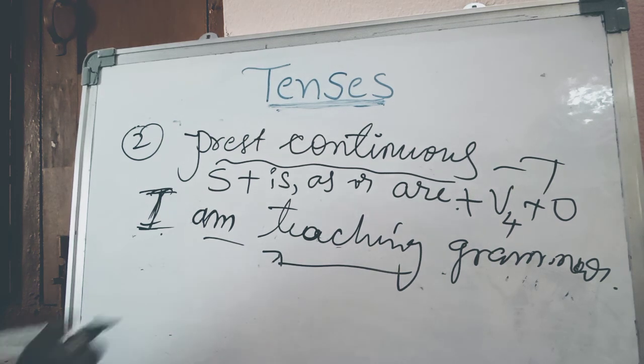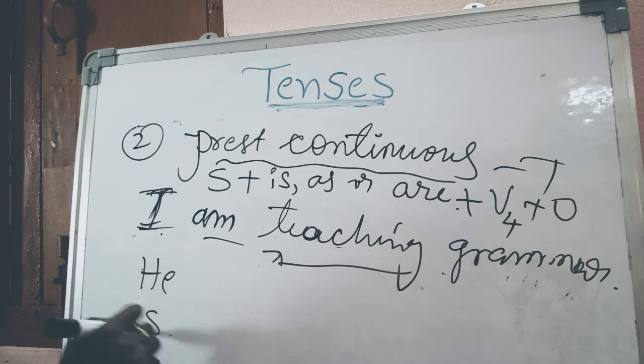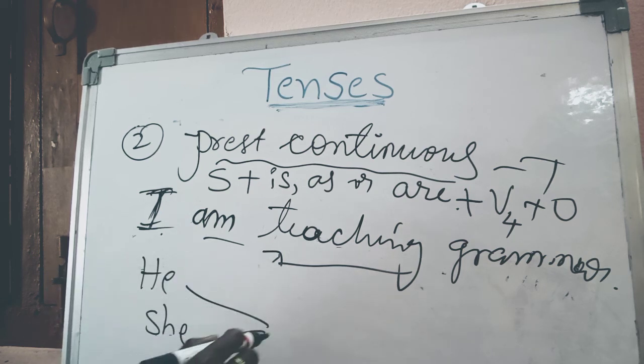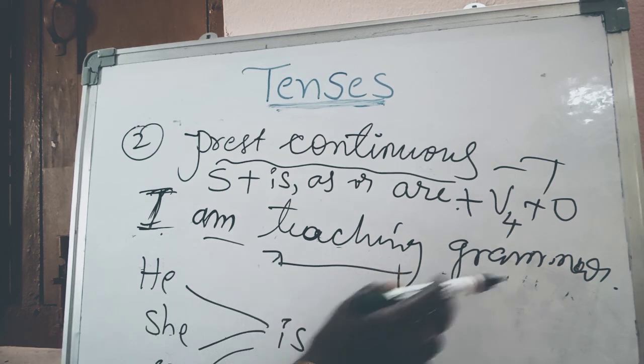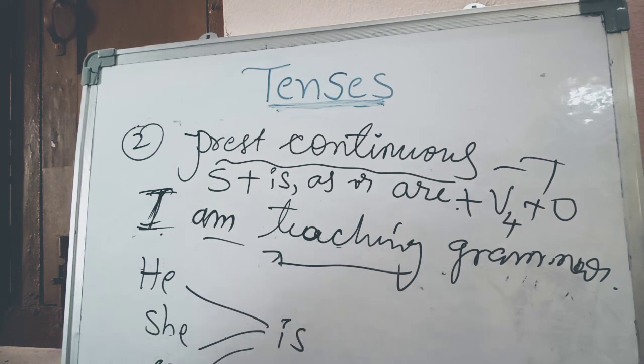When we use he, she, and it, we have to use is. When we use we, they, for plural, we have to use are. He is teaching grammar. She is teaching grammar. It is teaching grammar.